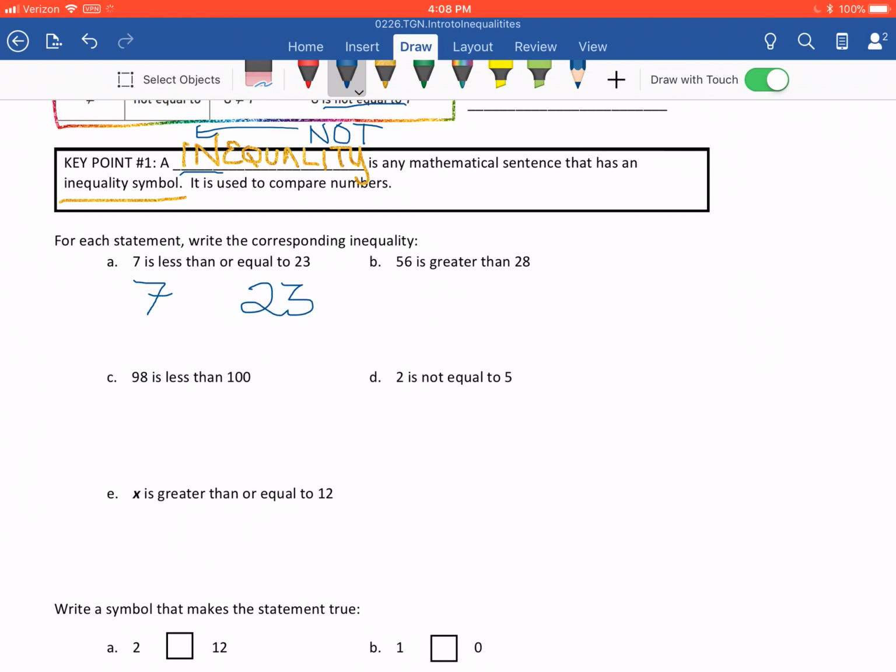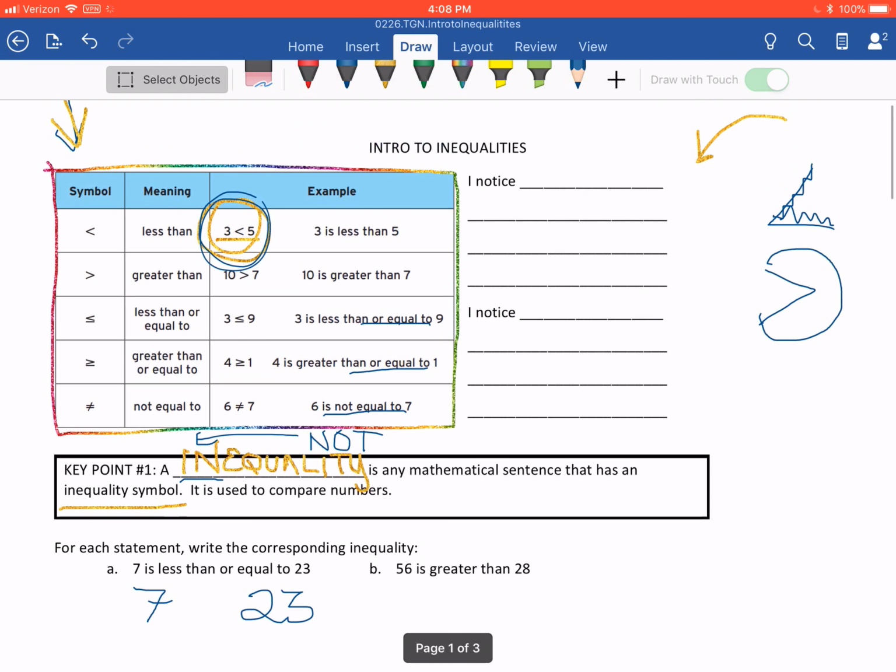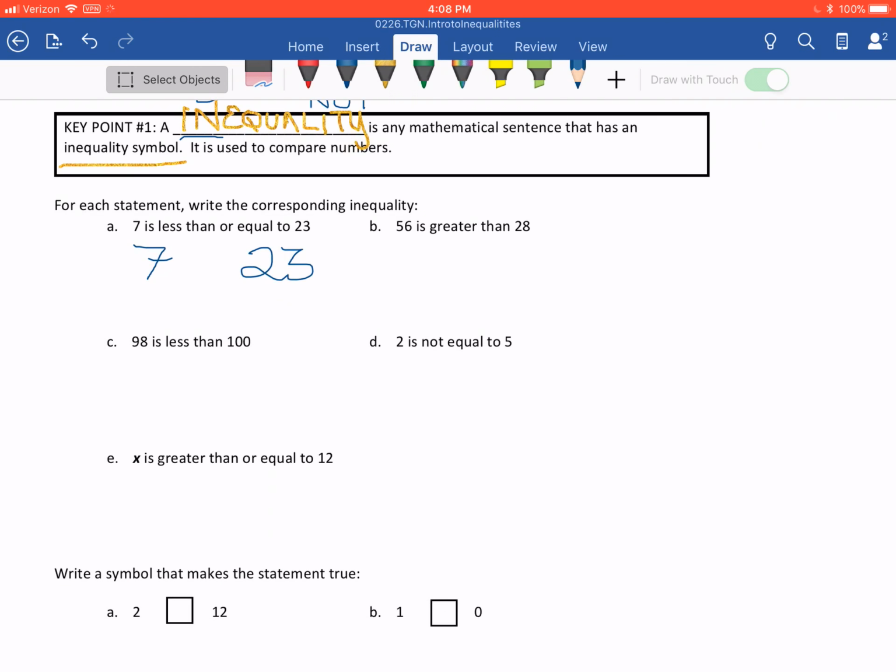And I need a symbol that's going to represent less than or equal to. So I'm going to take a look at my chart. The row that says less than or equal to is right here. That symbol looks like this. I'm going to write less than, make sure you have that line underneath, or equal to. Less than or equal to.